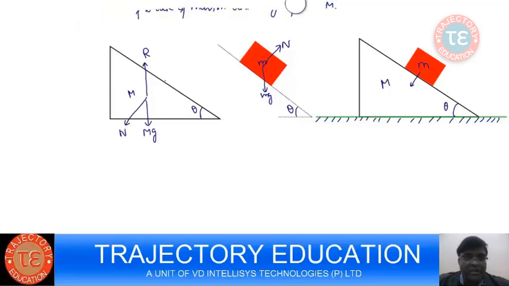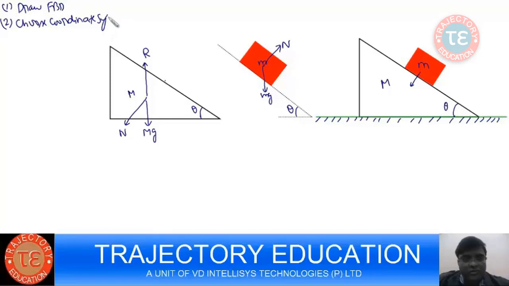Okay, right. Now let's solve the question. This is your free body diagram. The first thing you do in any mechanics problem is draw the free body diagram. The second thing you do is choose the coordinate system.